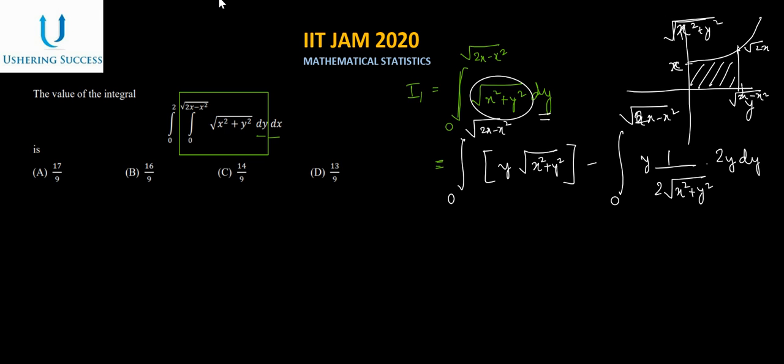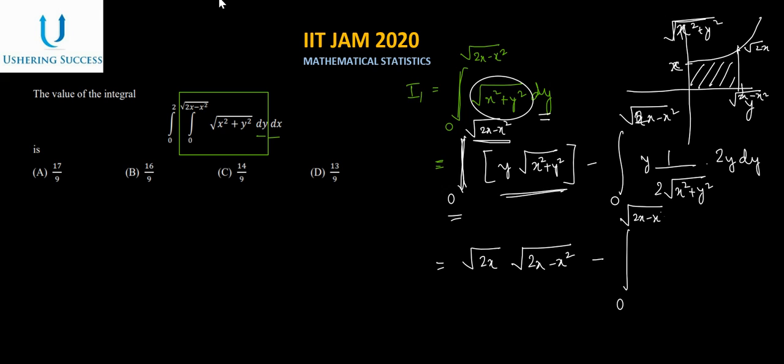Now all we have to do here is to take the values root over 2x minus x square and 0 and substitute in this function. We have already integrated it, so this becomes root over 2x into root over 2x minus x square, minus integral of 0 to root over 2x minus x square, the 2 cancels out, y square over root over x square plus y square dy.